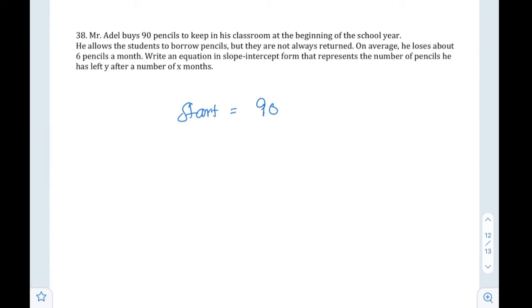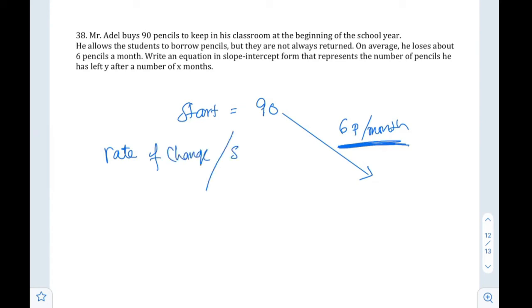On average, he loses about 6 pencils a month. So this 90 will be decreasing by 6 pencils per month. Since it is mentioned in this way, my rate of change, or we can say my slope, is 6.